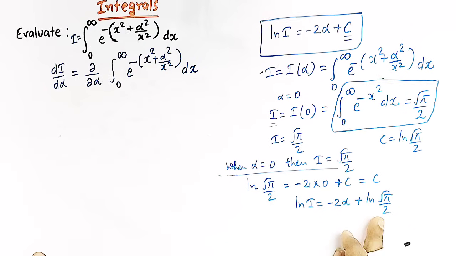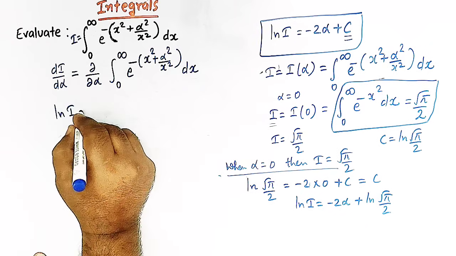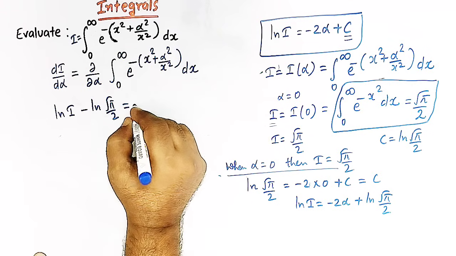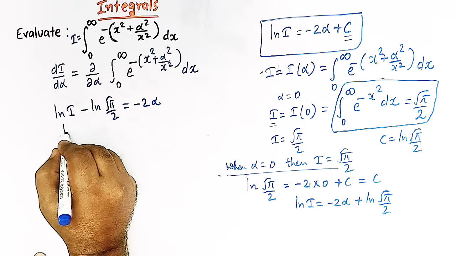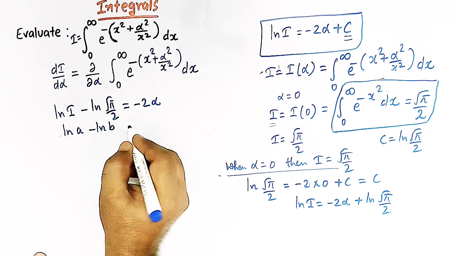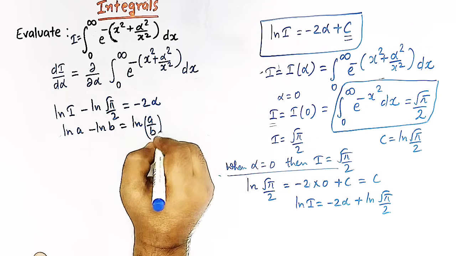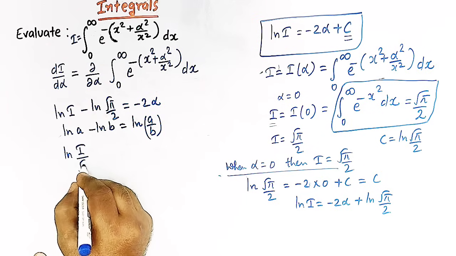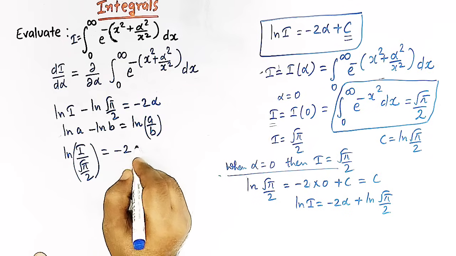So now taking this term to this side, we have natural log of I minus natural log of root pi over 2 is equal to minus 2 alpha. Now using the properties of logarithms, that is natural log of a minus natural log of b is equal to natural log of a over b. So here we can now write natural log of I over root pi over 2, and here we have minus 2 alpha.